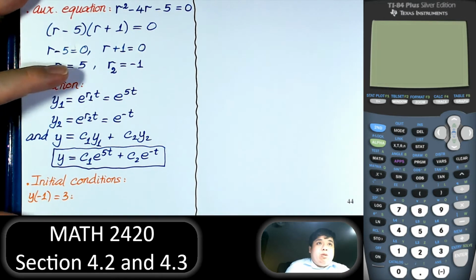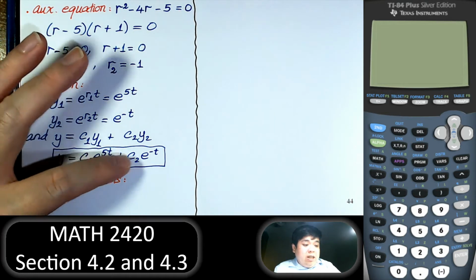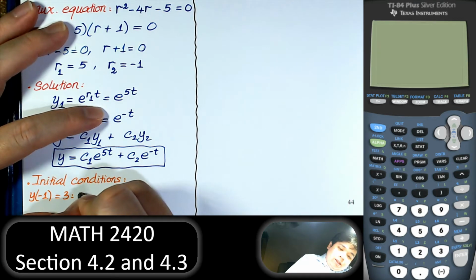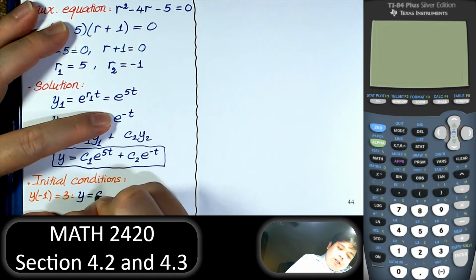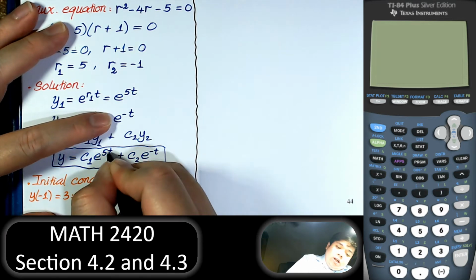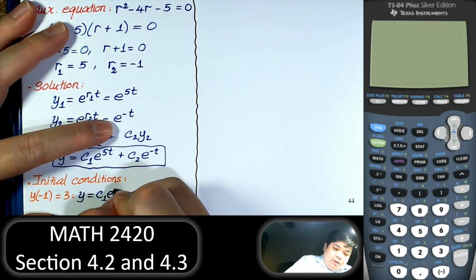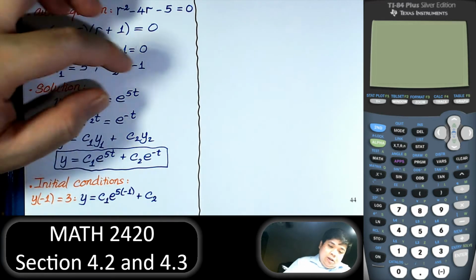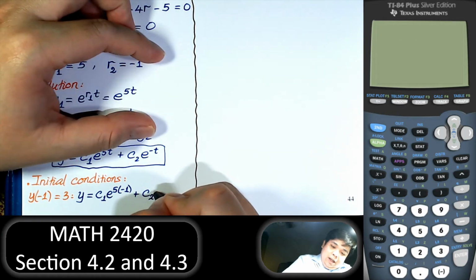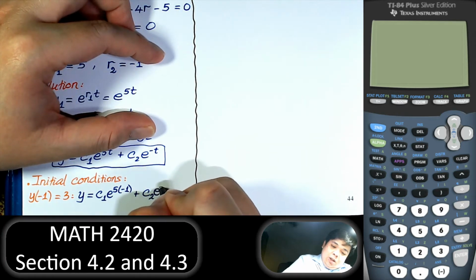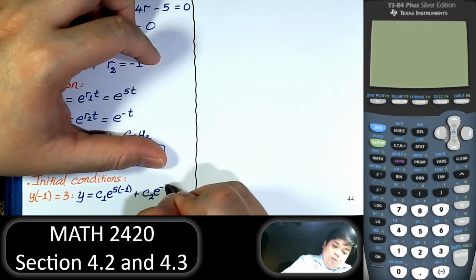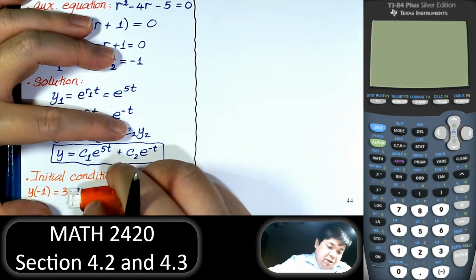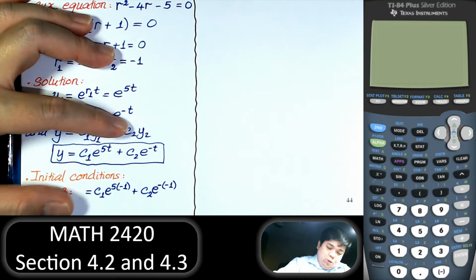Right, what we do, because we're going to put -1 into t and we make the whole thing equal to 3. So y equal to c1 e to t equal to -1, so 5 times -1, plus c2 e to t equal to -1. And of course this is equal to 3, so y equal to 3.